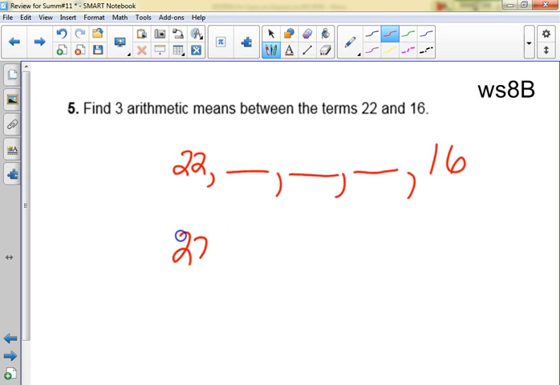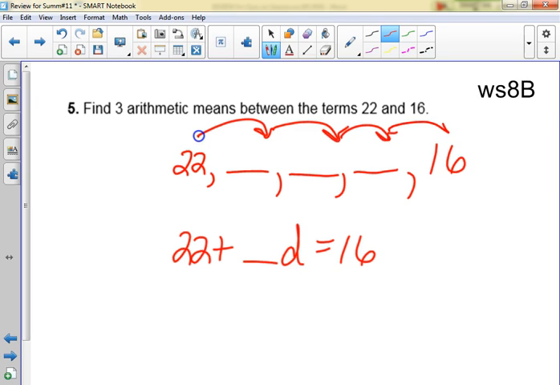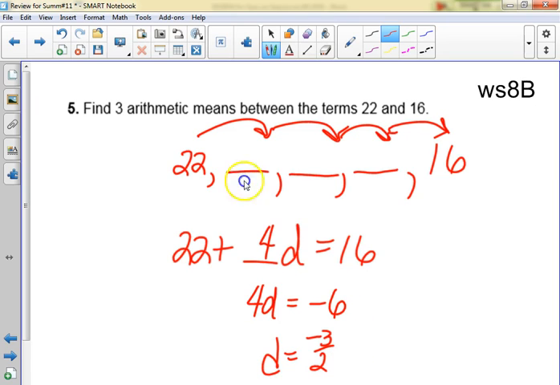So 22 plus how many differences got them to 16? 1, 2, 3, 4. Okay, so if I subtract 22, I get... anybody else get -1.5 or -3/2? Okay, so now you got to find them, remember.